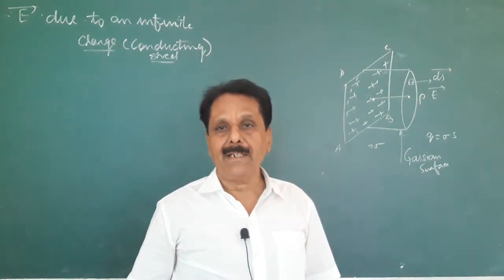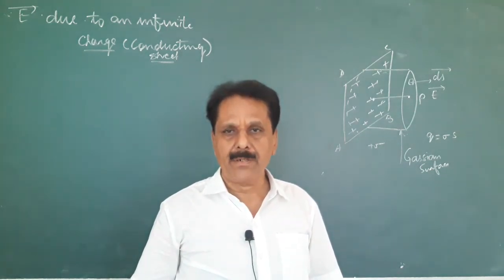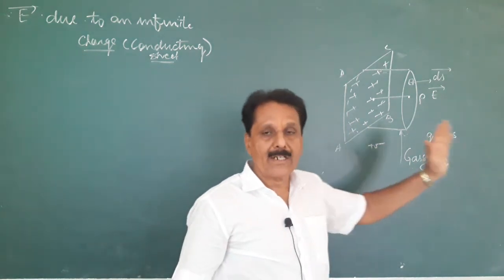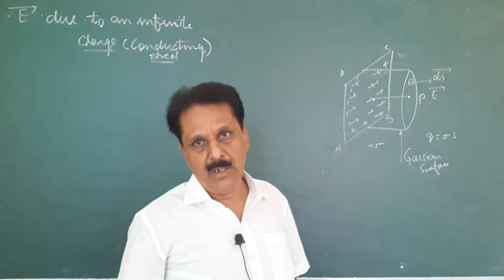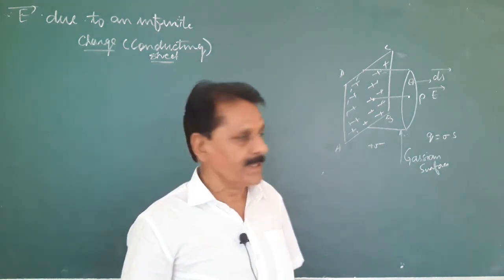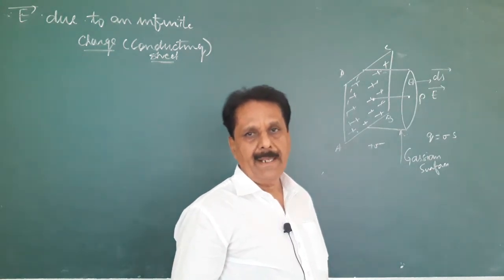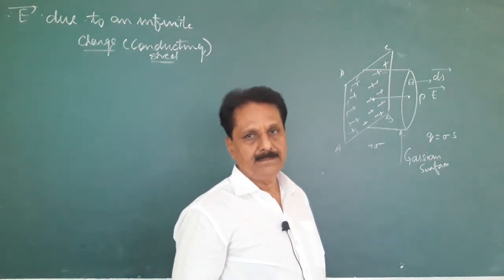So there will be electric field or electric flux or electric field lines only towards one of its outer surfaces, not towards the other surface, and we have to construct a Gaussian surface as a cylinder.